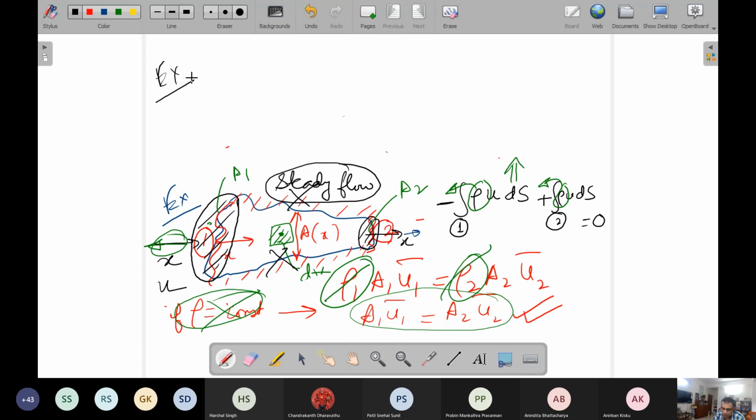In this example, we from the very beginning considered incompressible flow. And just to keep in mind, we are actually in the chapter of kinematics and not anything else.